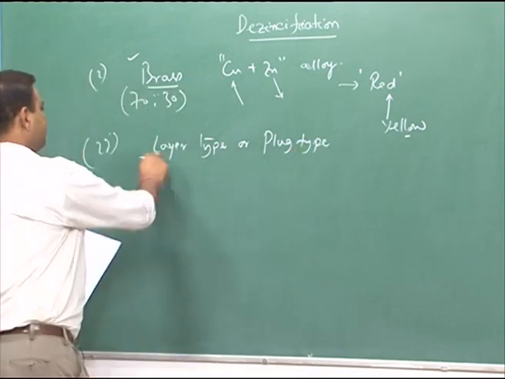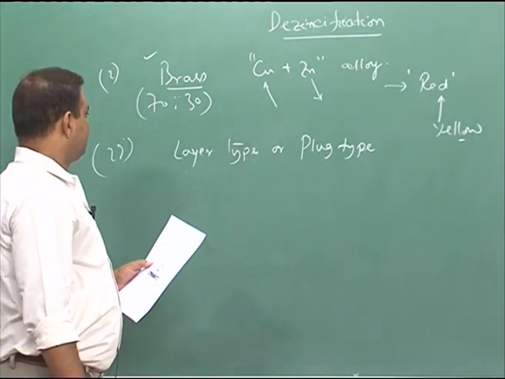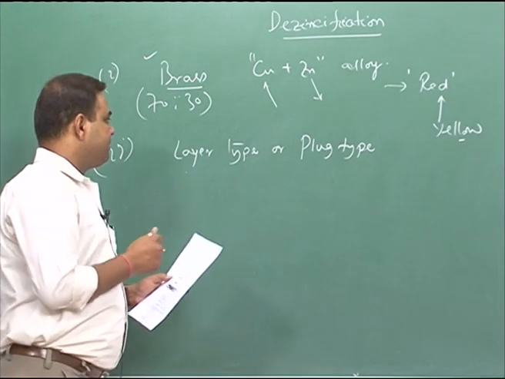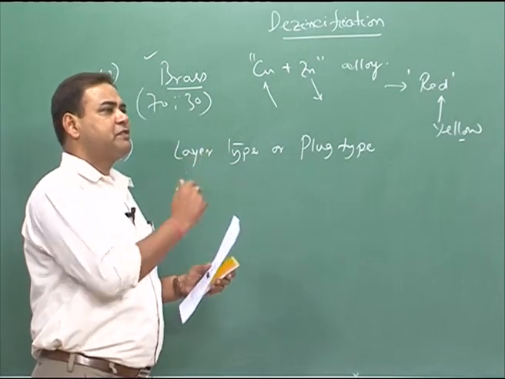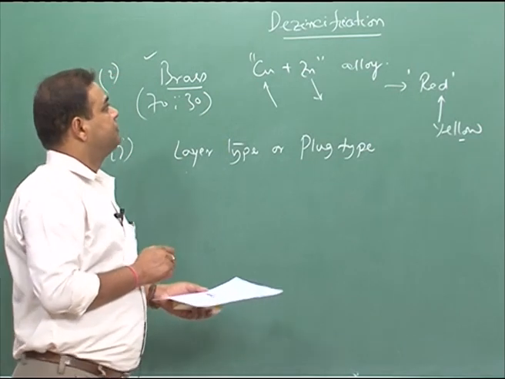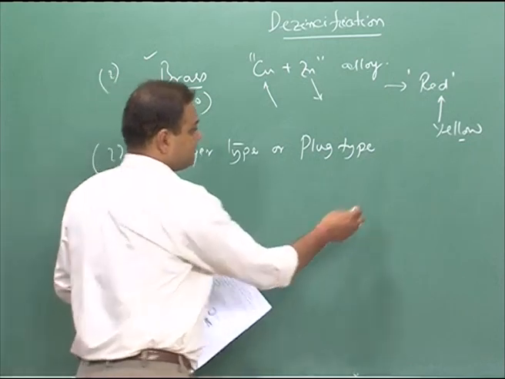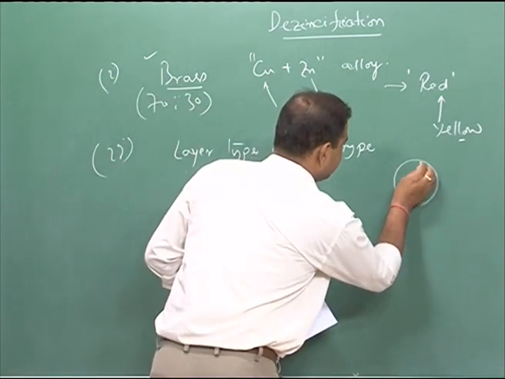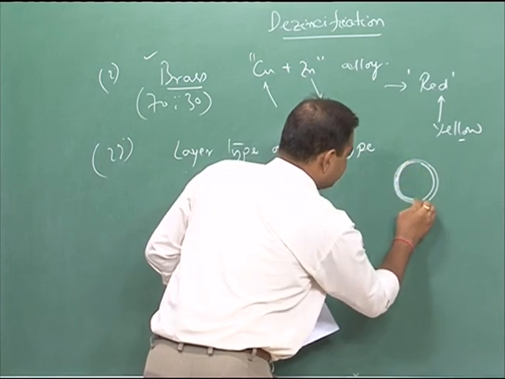Generally, in case of a pipeline made of brass handling potable water, we see that the inside surface uniformly gets de-zincified, that means the entire inside surface becomes depleted with zinc and enriched with copper.